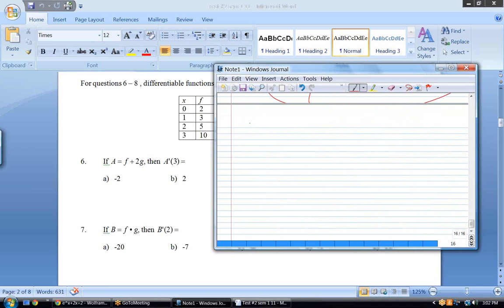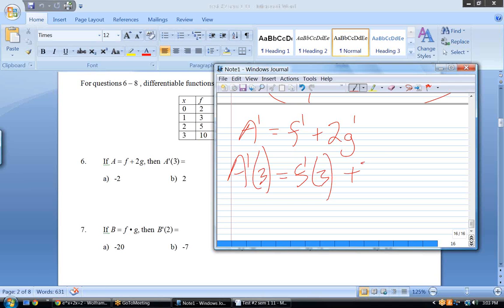I think I can say that A prime is equal to F prime plus 2, and I need the G prime there. In other words, I can't just drop that G. So if A prime is equal to F prime plus 2G prime, then A prime of 3 equals F prime of 3 plus 2G prime of 3.